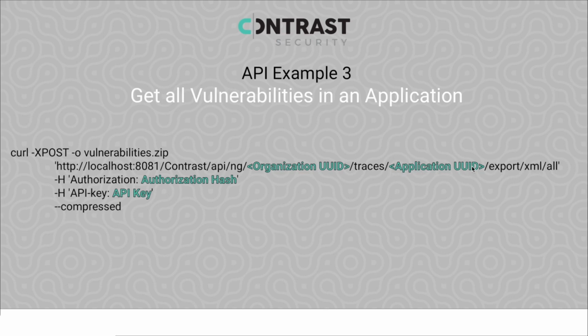This can be found similar to how the organization UUID is found, which is through the URL itself, and I'll show you how. We also have the next two fields, which are normal for every API command: the authorization and the API key. And then let's add this last flag here, --compressed. Let's run this command and see how it looks.